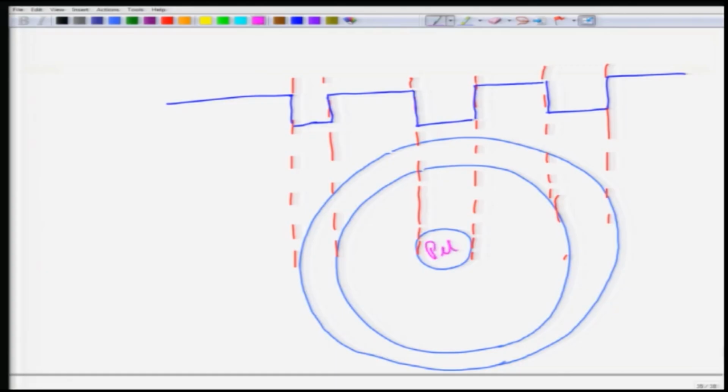So, this is your pit and this is the ring followed by ground here and ground here.